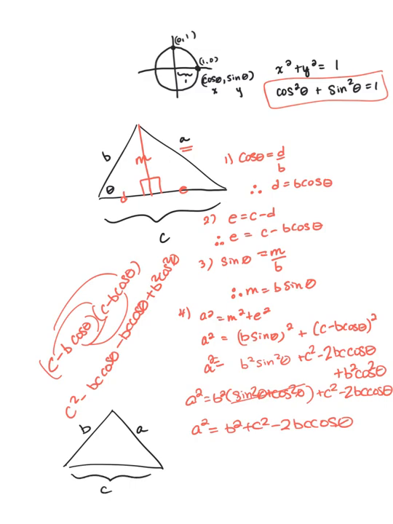This is C. So A squared is equal to the other two sides squared minus 2 times those two sides times the cosine of the angle between them. Now, normally, if the measure of theta is 90 degrees, then you just have the Pythagorean theorem.